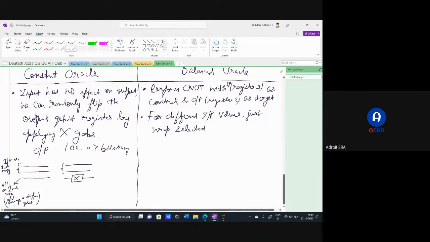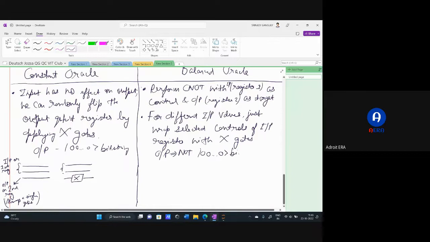wrap selected controls of the input or first register with X gates. And the output will be an all-ones string, not an all-0 bit string.